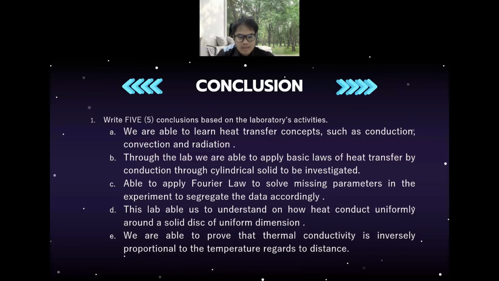Third, we are able to apply Fourier's law to solve missing parameters in the experiment to segregate the data accordingly. Number four, this lab enables us to understand how heat conducts uniformly around a solid disk of uniform dimension. And lastly, we are able to prove that thermal conductivity is inversely proportional to the temperature with regard to the distance.